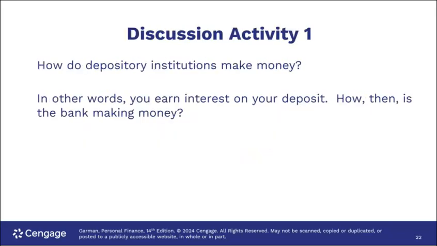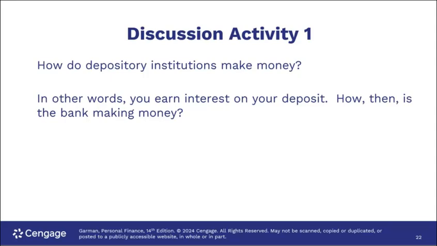So next discussion here: how do depository institutions make money? In other words, they pay you for the interest you have on deposit. How are they making money? Well, they're loaning or investing in other assets, or loaning the money to companies or individuals at a higher rate.